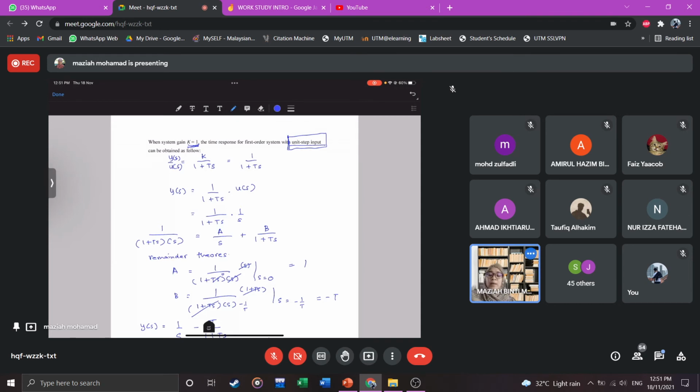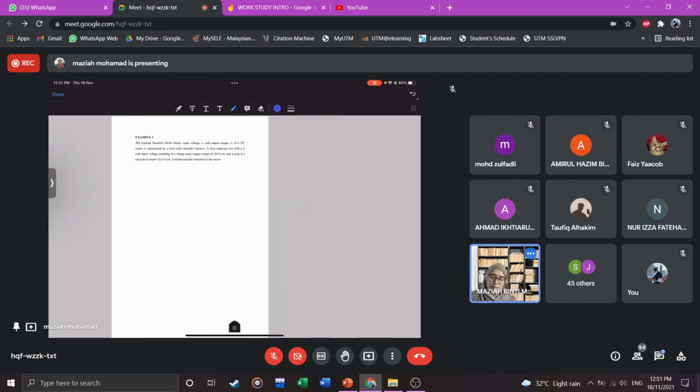But if it mentions the step input equal to 2, meaning the magnitude is 2, therefore in Laplace it is 2 over S. When you apply K multiplied with U, U is 2. Understand?